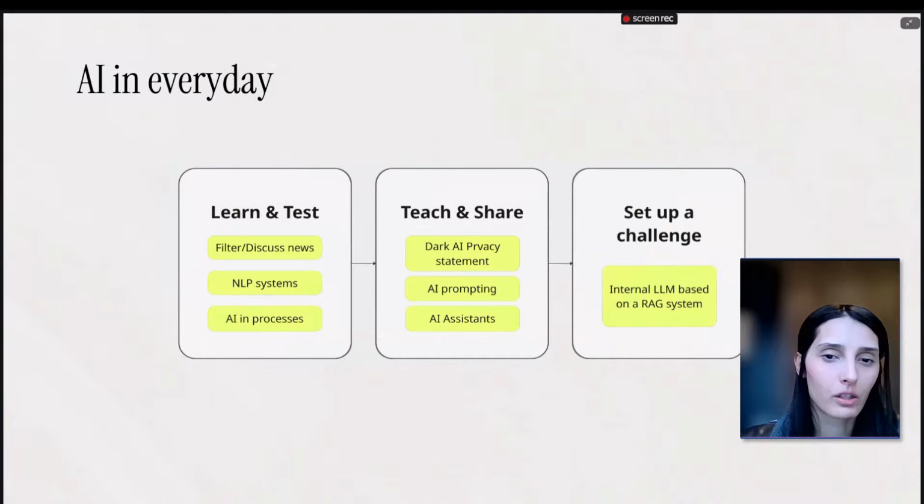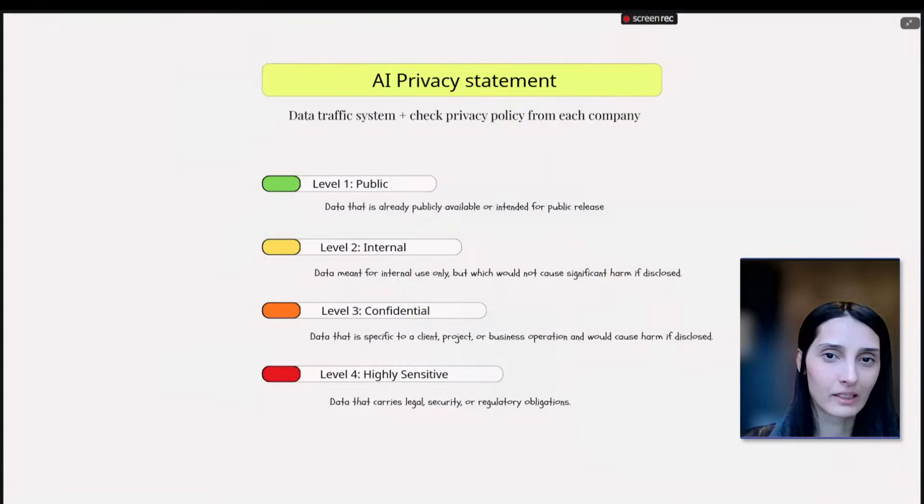But also, a very important thing here was to build this AI privacy statement, because I feel like we have skipped these privacy statements all our lives, and now it's very important that we read them. So we built the system of how we are working with privacy, and we keep it on 4 levels.